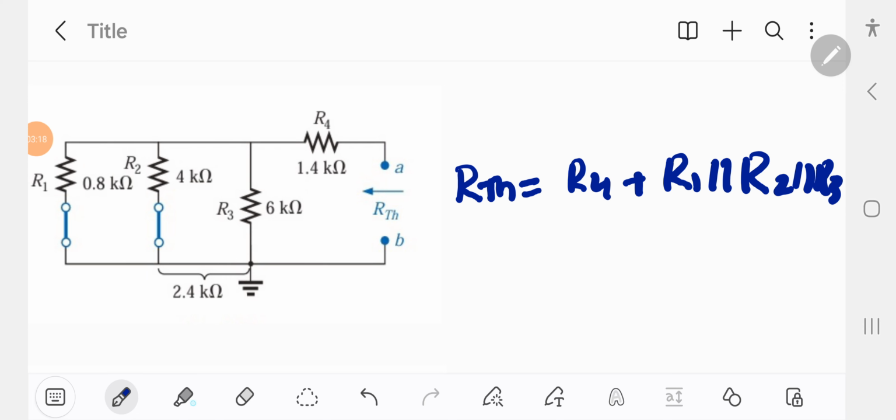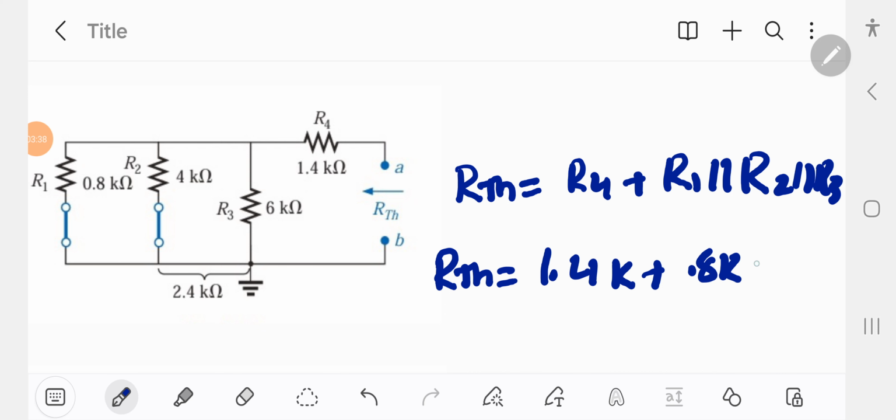So RTH is equal to R4, which is 1.4K, plus R1, which is 0.8K, parallel to 4K.